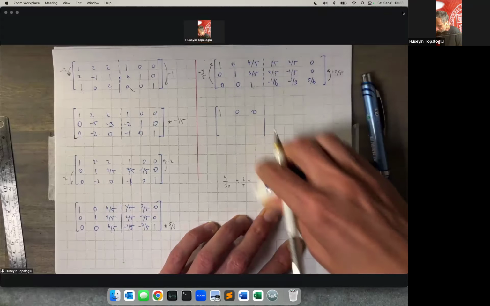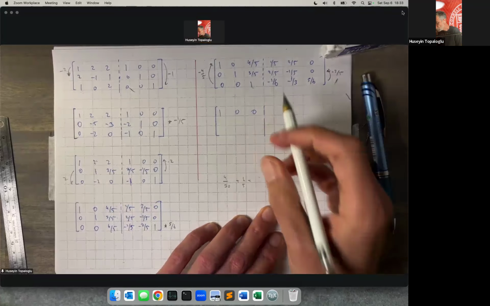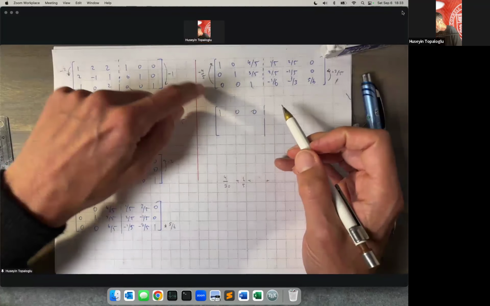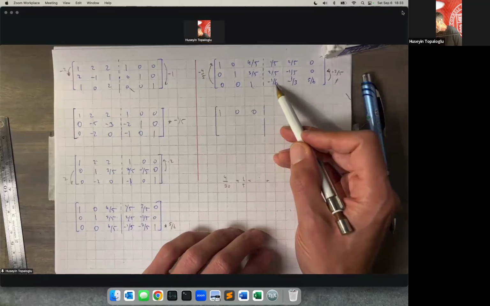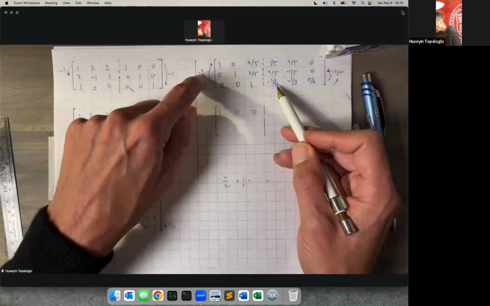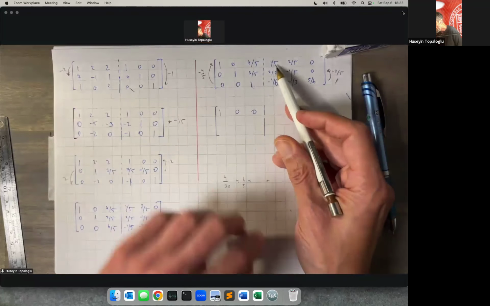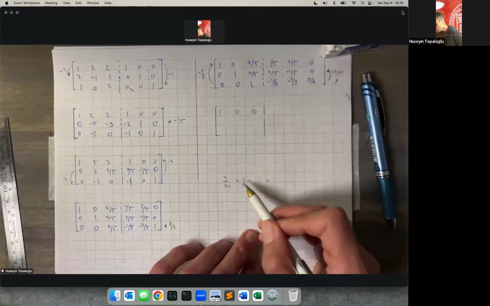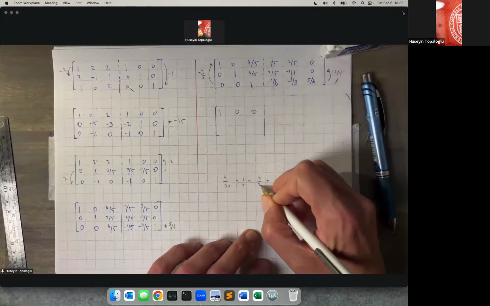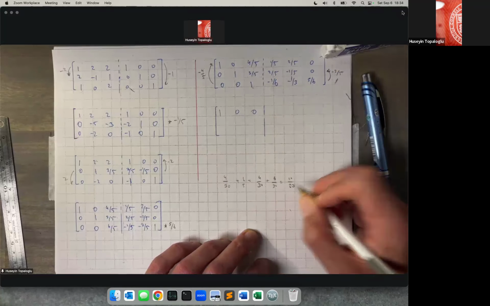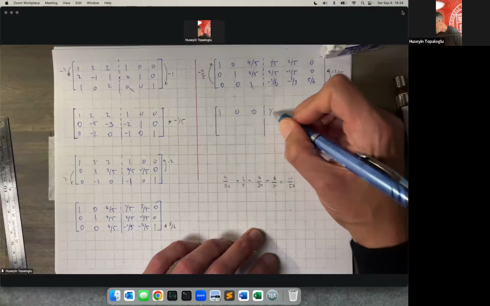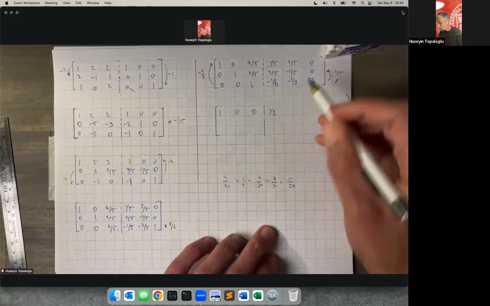Let me just do this right. I'm taking this row, multiplying by minus 4 over 5, adding it to the first row. So then we're over here. Minus 1 over 6 times minus 4 over 5, that is 4 over 30, plus another 1 over 5, that is 4 over 30 plus another 6 over 30. That's 10 over 30, and 10 over 30 is 1 over 3 over here.